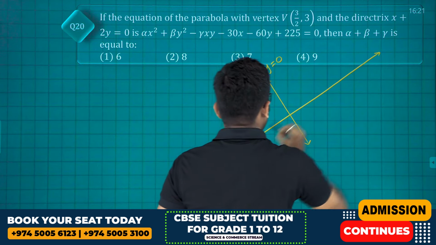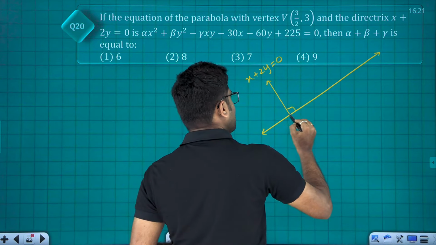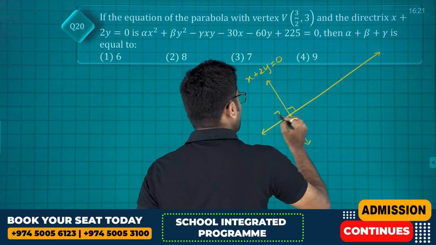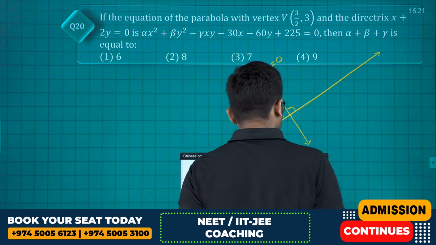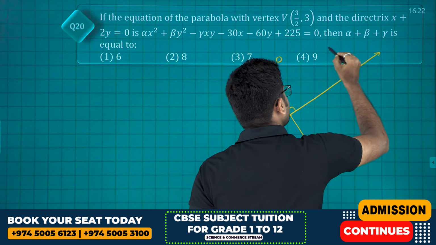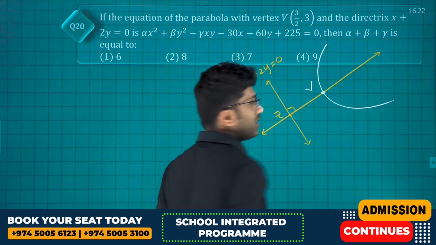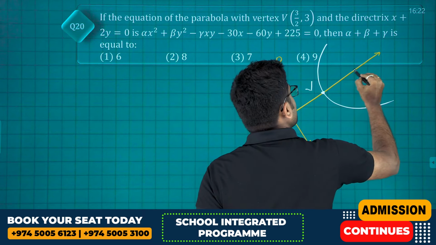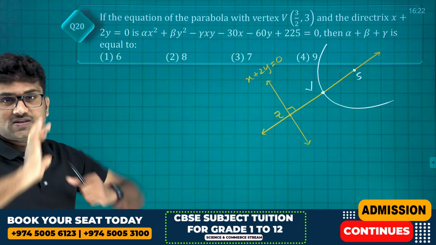Axis will be perpendicular to the directrix. Now this is axis and the point of intersection of axis and directrix is foot of the directrix. Next, if this is parabola and this particular point is now vertex V, focus will be somewhere here because vertex is the midpoint of focus and directrix.